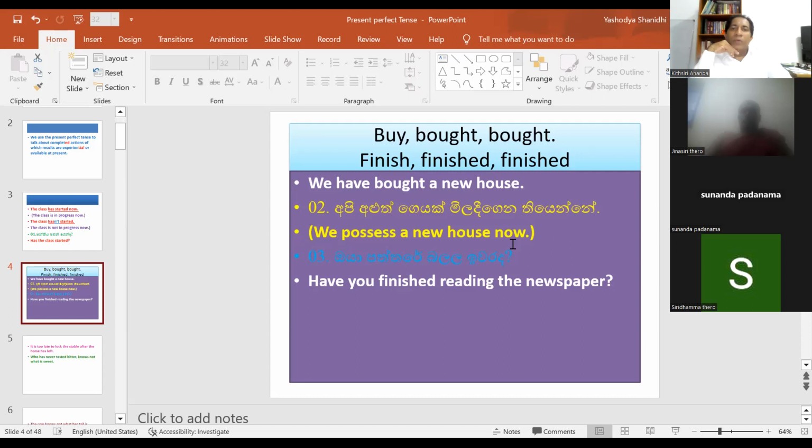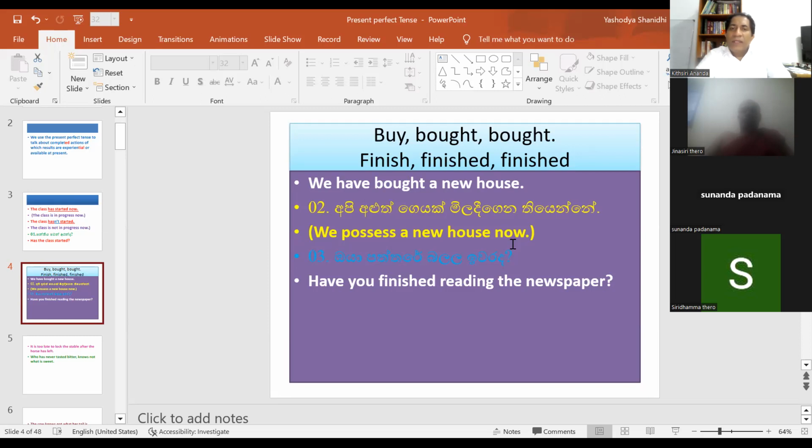We bought a new house, by using present perfect tense. When you say, oh, we have bought a new house, you mean that you finished buying. There is nothing to buy again.